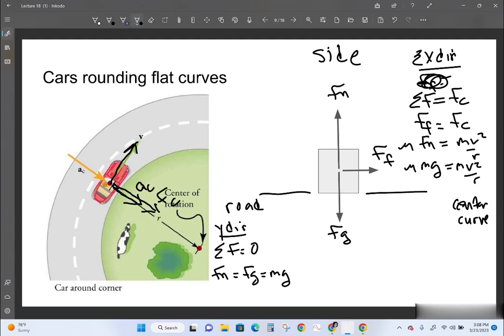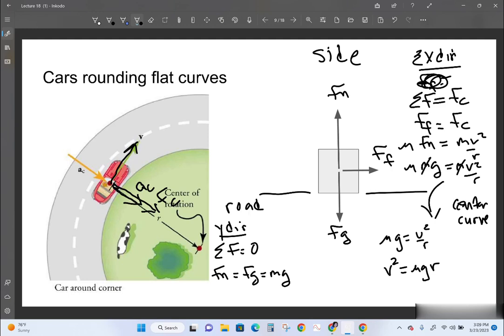So notice that the mass factors out of this, and that means that, if I bring this down here, mu g equals v squared all over r, that the speed that this car has to travel at under the specific conditions of whatever the coefficient of friction is and the radius of the curve, in order to stay in that curve, only depends on mu, g, and r, right? It's directly related to the square root of those.